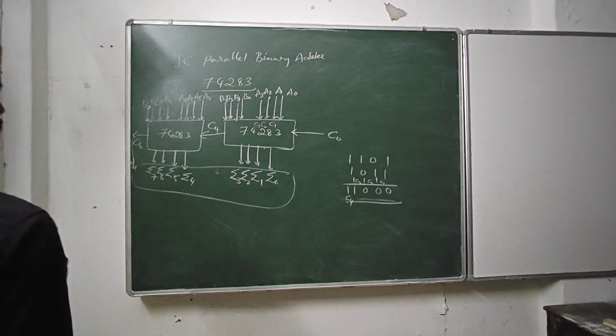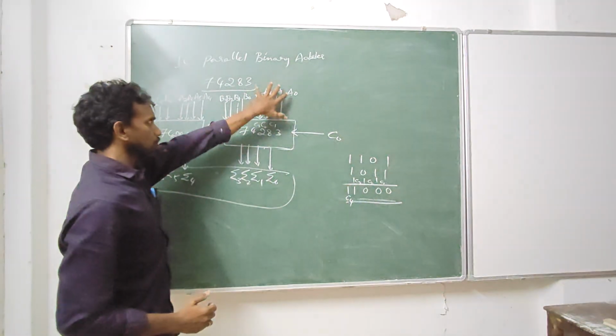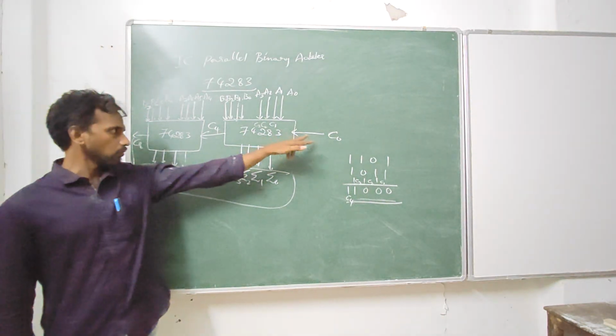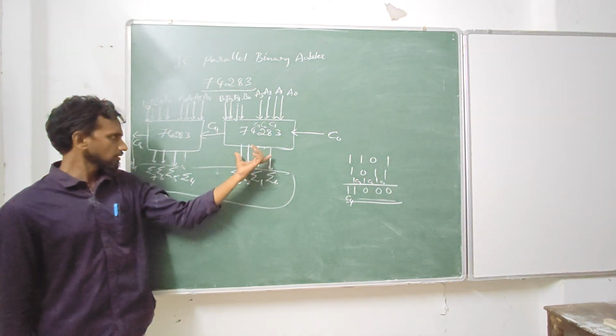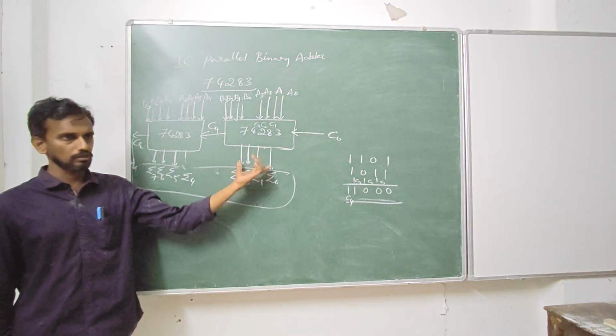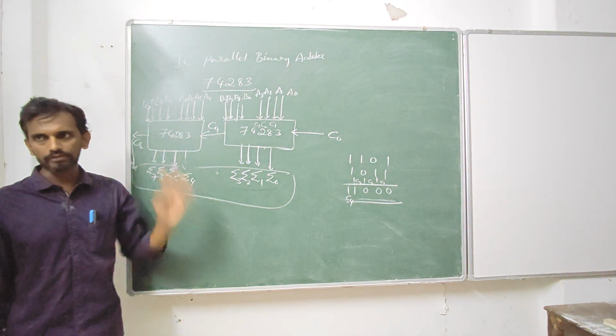So this IC 74283 is designed to take 2 4-bit numbers as inputs and 1 carry as input, and it will generate 1 4-bit number as output and 1 carry.